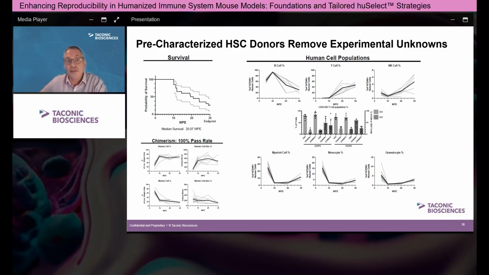Chimerism rate, or the level of human immune cells that develop, as well as specific human cell populations, B cells, T cells, NK cells, and more. You can see an example of some of these markers that we use here. Importantly, we also include information on the various myeloid cell lineages that are present.